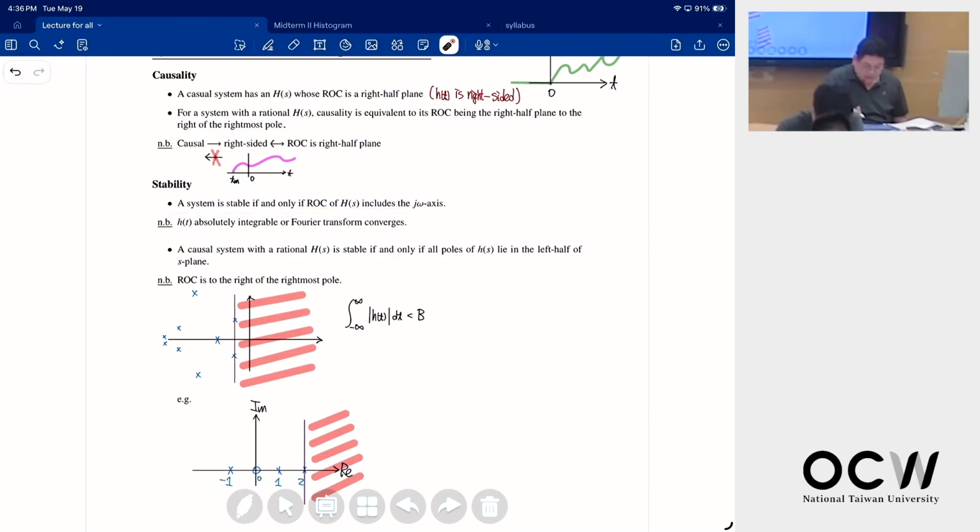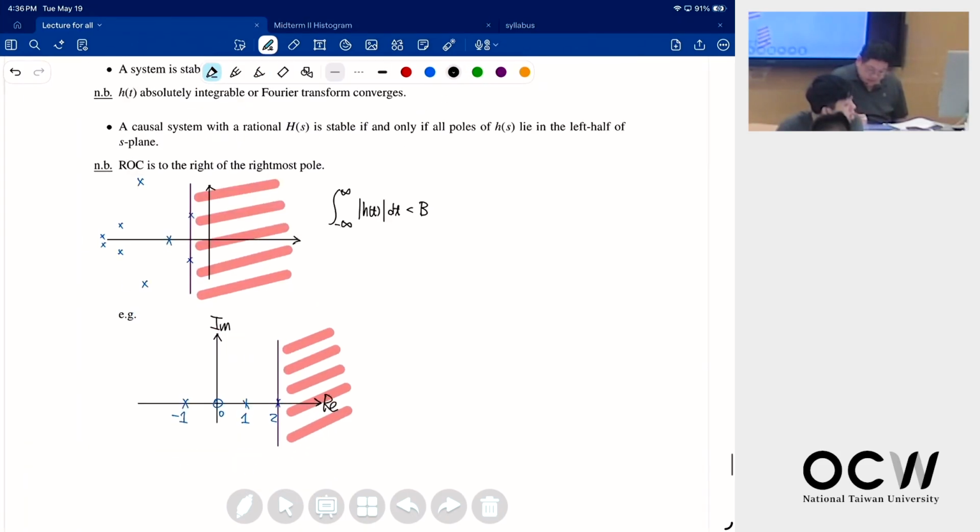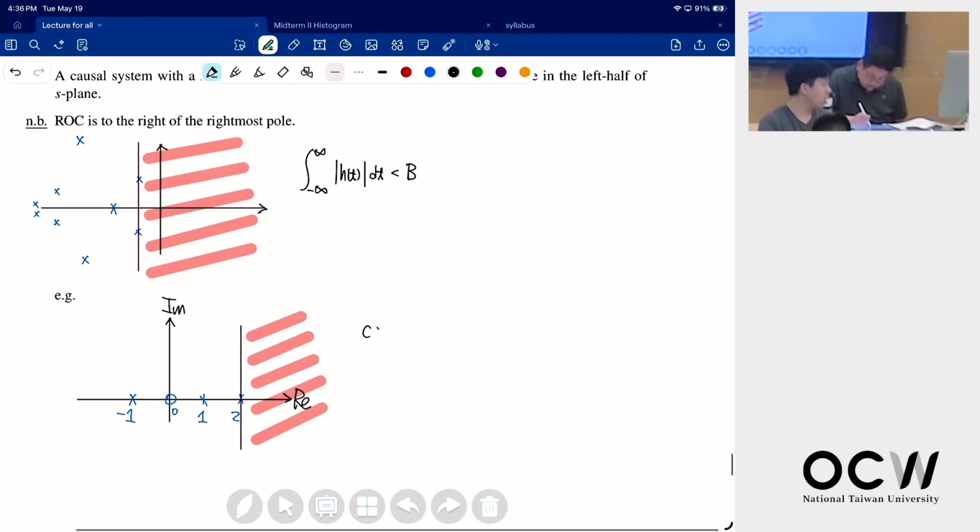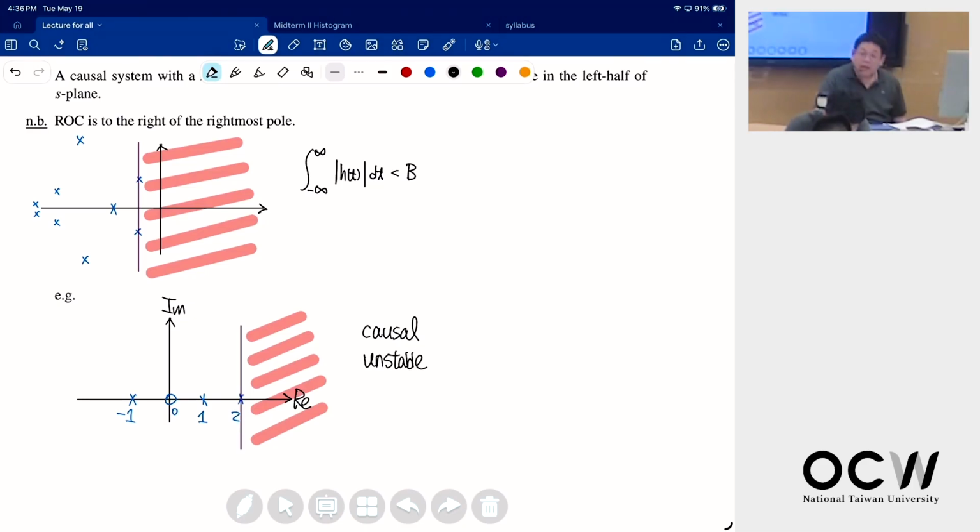Okay, so we say the system is causal because the region of convergence is the right half plane, and unstable because it doesn't include the j omega axis.